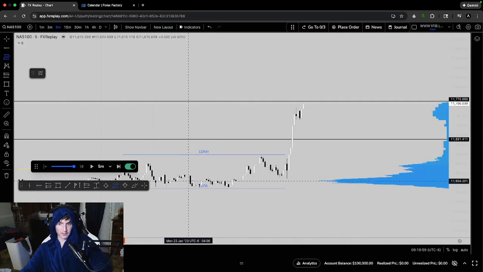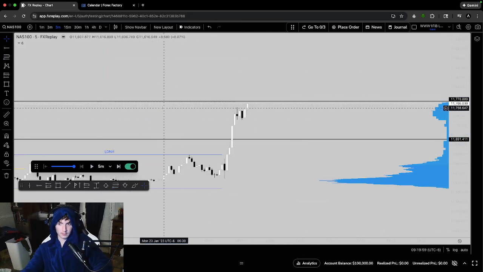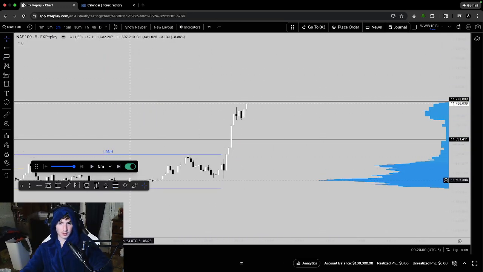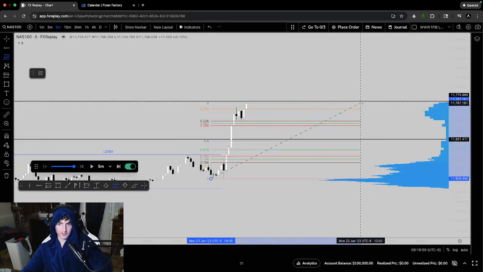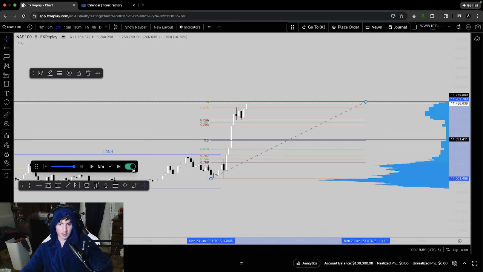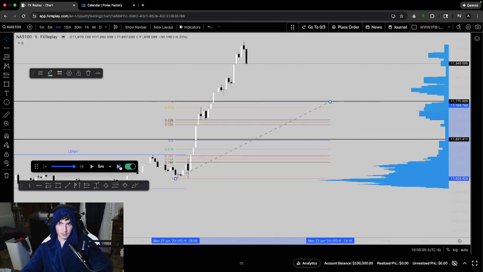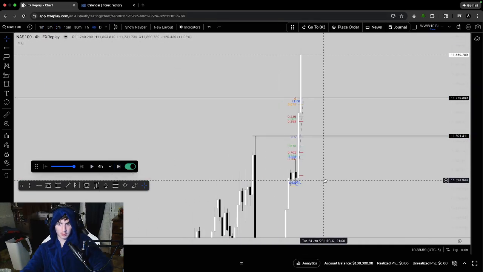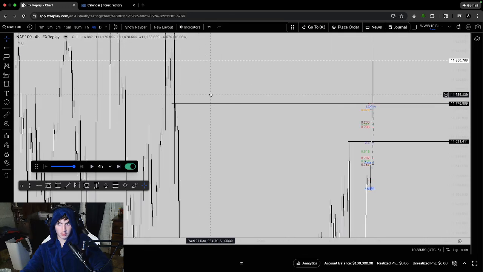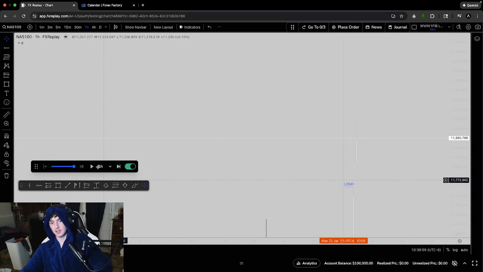The only resistance I think we have is all the way down here. So we might want to come fill in all of this, or we just tap this 5-minute gap right there. Alright, this is a no trade day. We're just pumping. We're not going to make up excuses to trade that day.